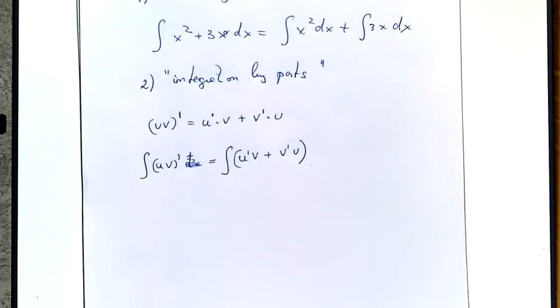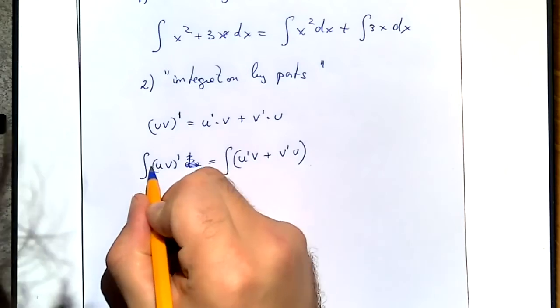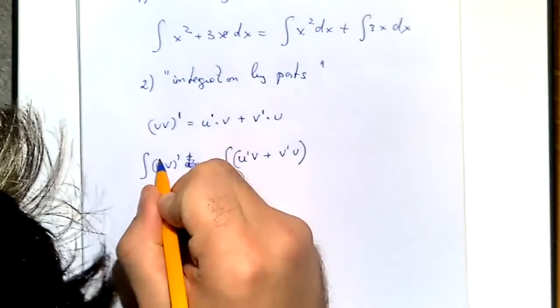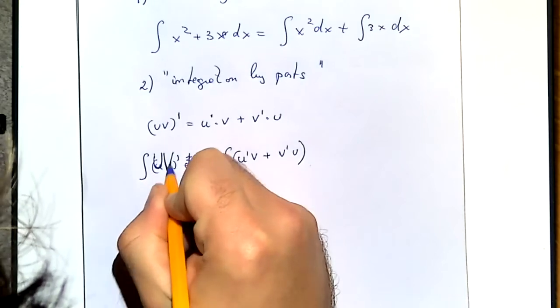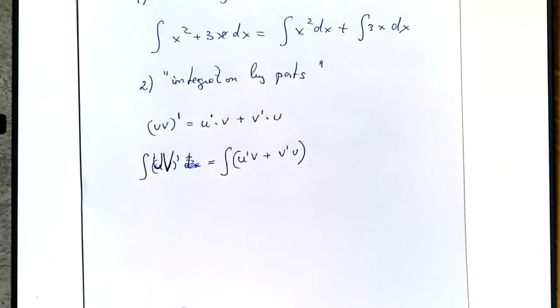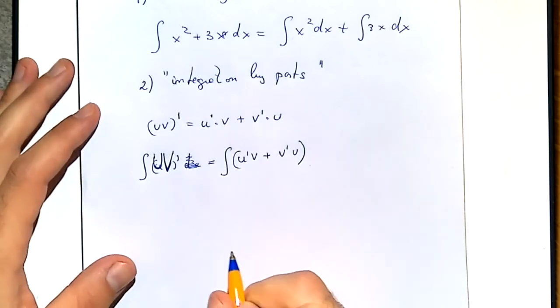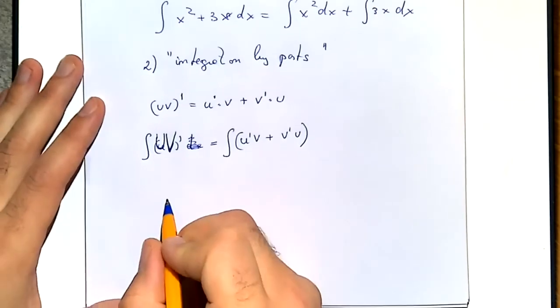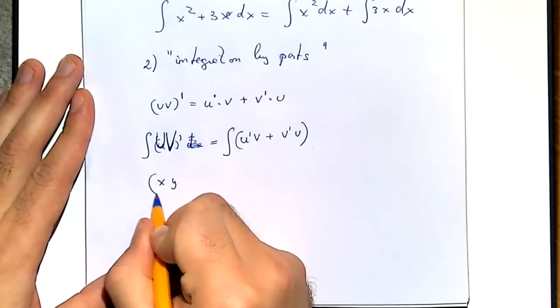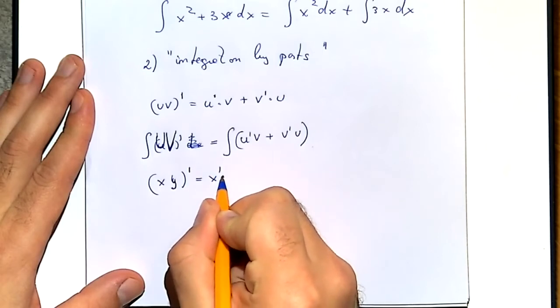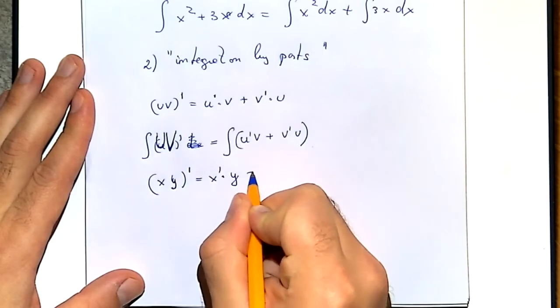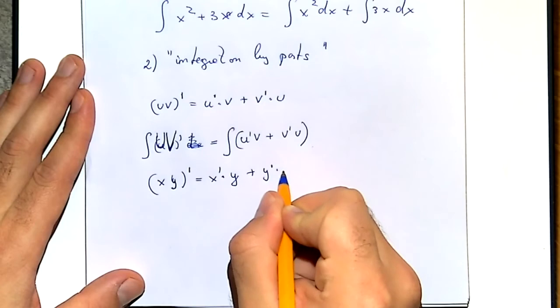Great question. Let me first make the u's and v's clearer. How about we choose different notation? My u and v's kind of seem alike and I don't want it to be confusing, so let's just use x and y, because my writing is really bad. So this is equal to x prime multiplied by y plus y prime multiplied by x.